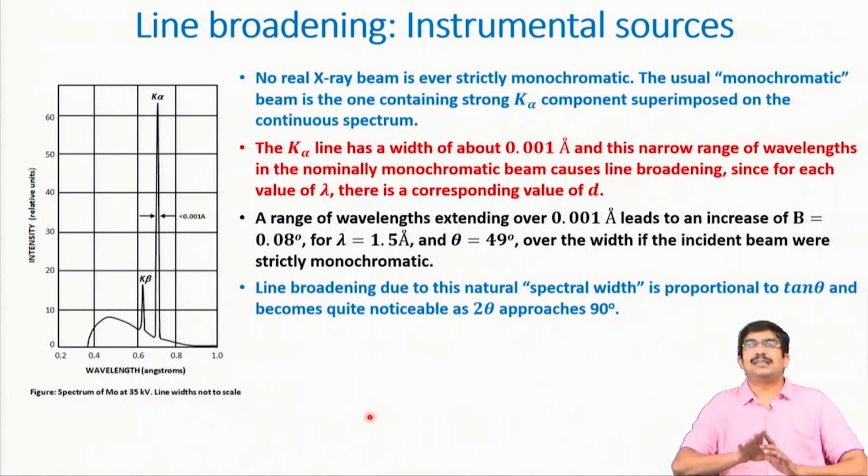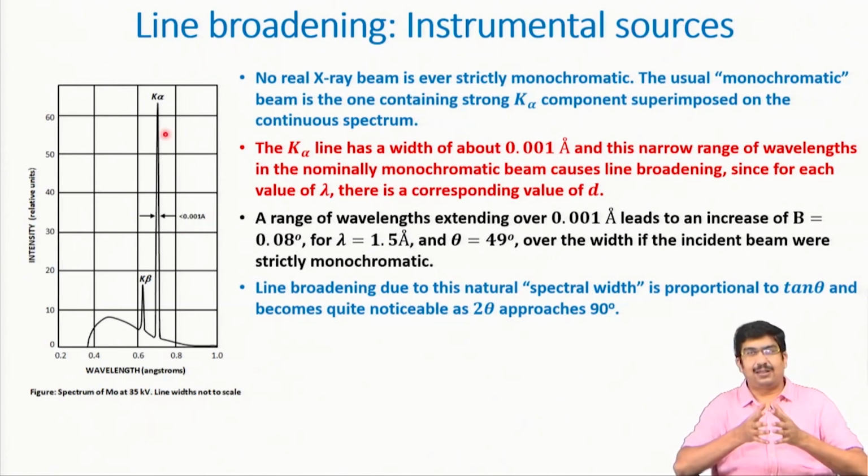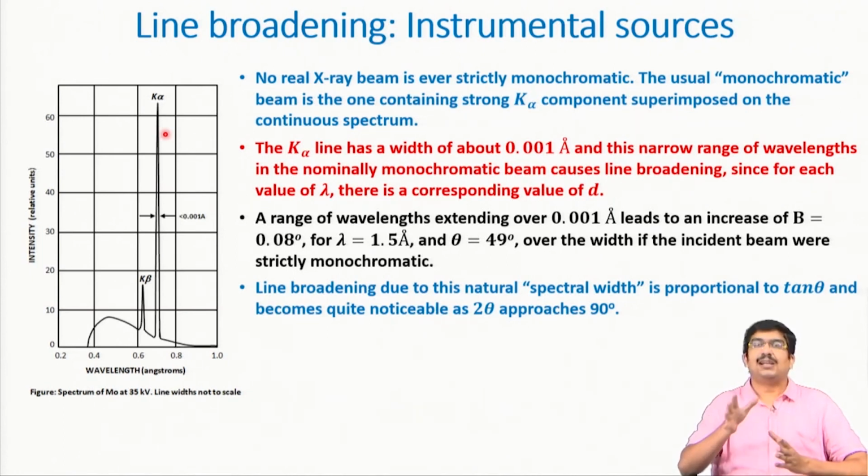The beam is never monochromatic. The monochromatic beam we usually try to capture is a strong K alpha component. If you imagine, this is a molybdenum K alpha at 35 kV. This strong K alpha component passes through a filter. Even if we pass it through a filter, what we finally get is a range of lambda in the monochromatic beam.